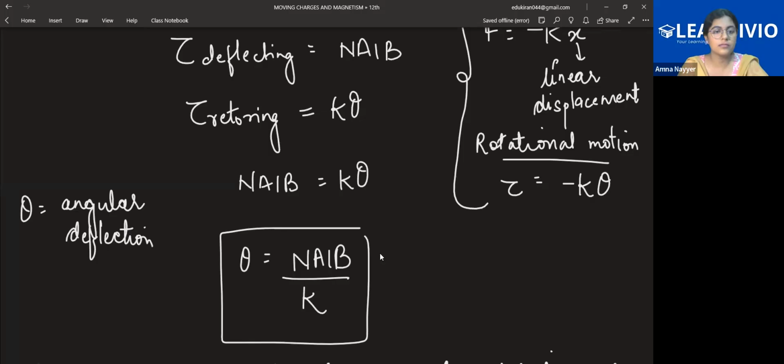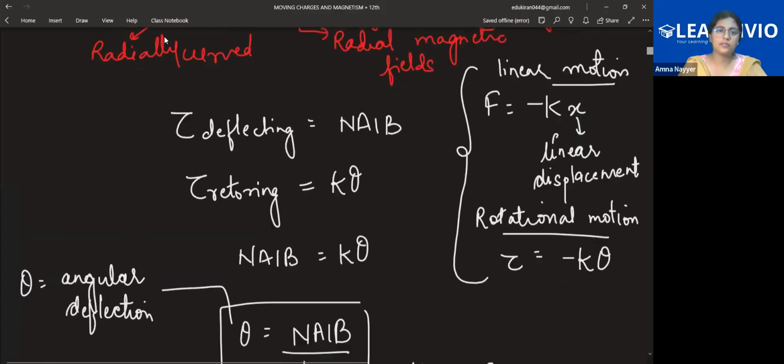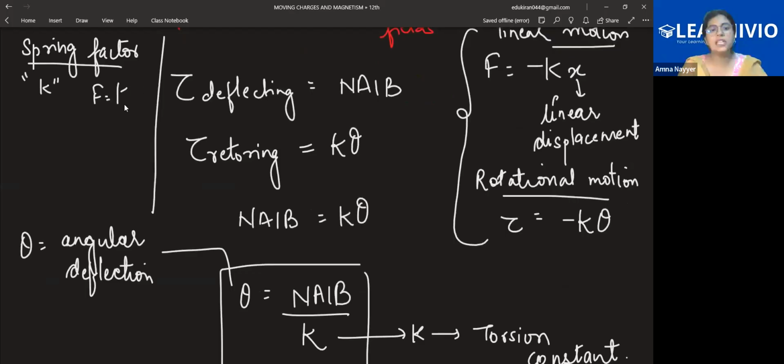Now here we have a name for this K. This is theta, and this K is called the torsional factor, or basically we say torsion constant. So basically we have a concept of spring factor, which is represented by the K in our equation F is equal to kx.